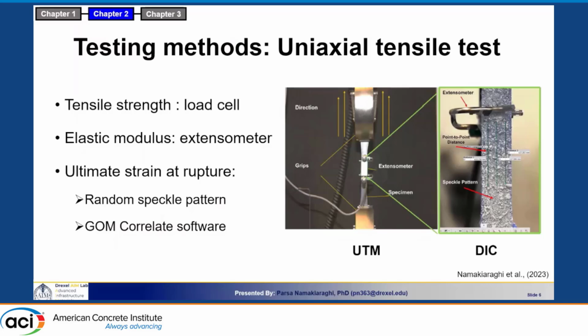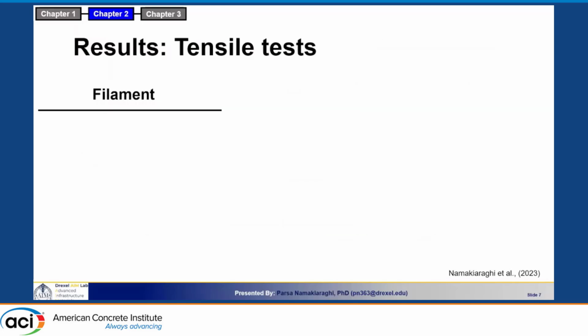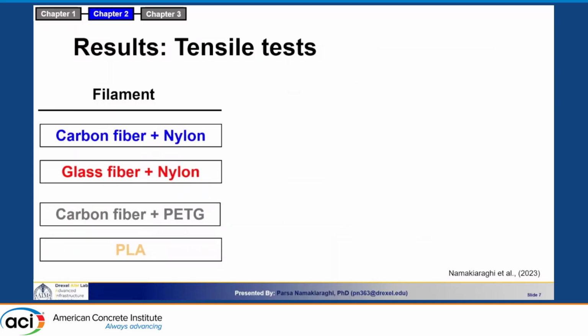So we used a simple uniaxial tensile test accompanied by DIC in order to capture the full stress-strain behavior, which we further used to come up with the mechanics and the design of the reinforcement. So we started by working on different filaments in order to find which one would be best to start playing around with the architectures that we want to use.